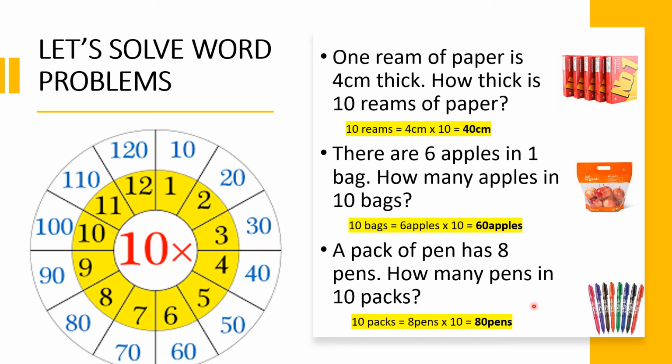But instead of having to add 8 plus 8 plus 8 plus 8 up to when we get to 10 packs, we can just simply say 8 pens multiplied by 10 packs, and we have 80 pens. That was quite simple, right? Good.